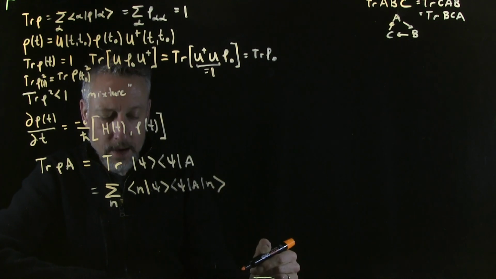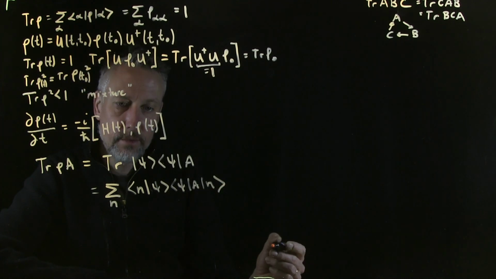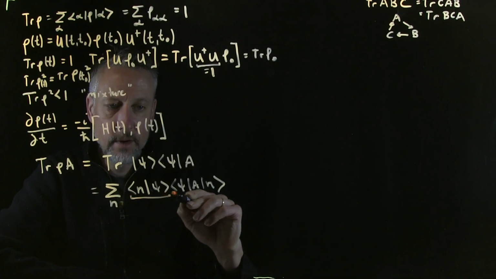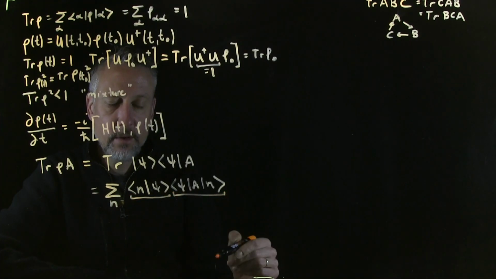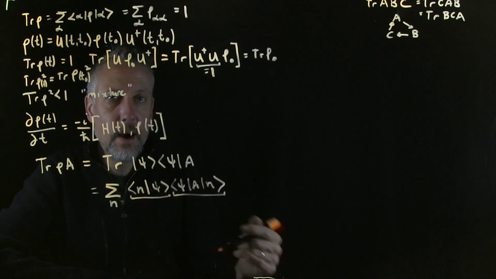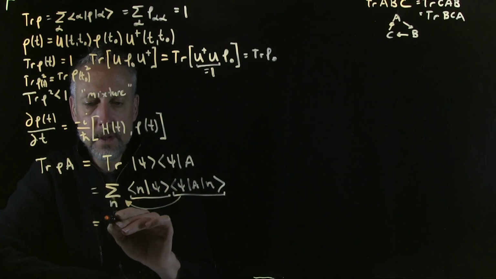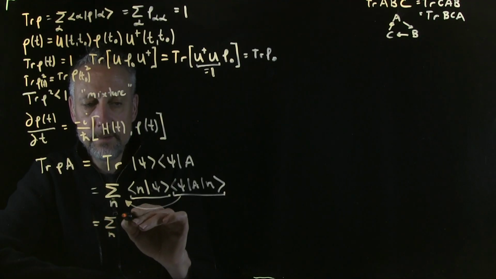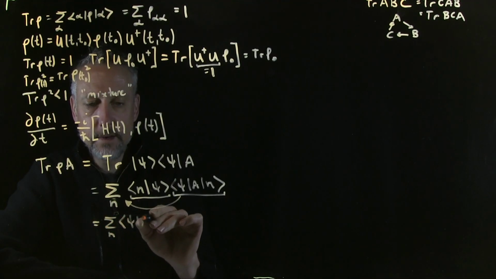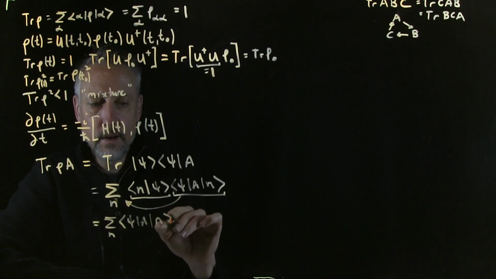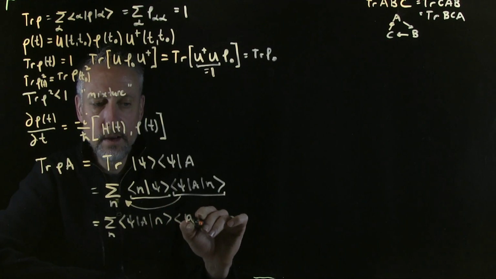Okay, and now what you see is we have two numbers, right? This scalar product is a number. This scalar product is a number. So we are free to move these however we want. So if we move this over here, we will have the sum on n of <psi|A|n><n|psi>.